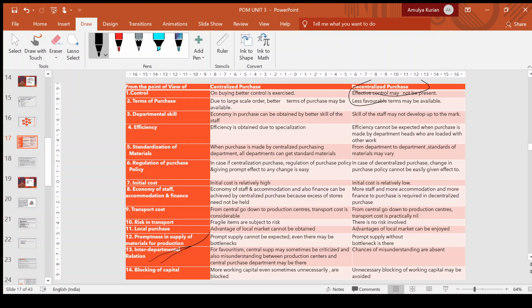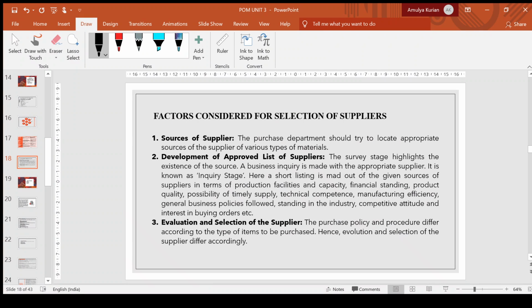So the first factor to be considered is the source of supply. You have to locate an appropriate source of supplier who can supply various types of material. That is the first thing you have to find when it comes to selecting a supplier: what are the different options to get that supply?